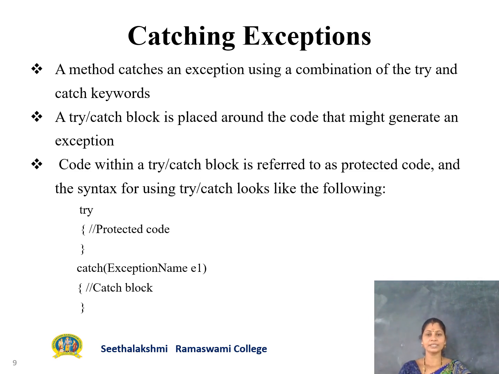Next, start your catch statement with the catch keyword, and within the brackets use the exception name e1, and open a curly bracket. Here it has a block of statements related to your catch.